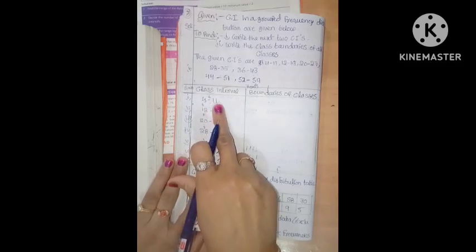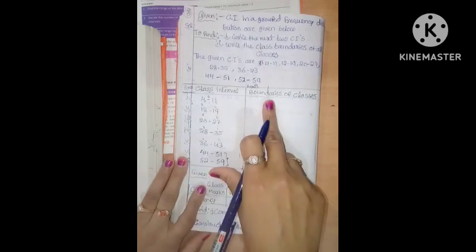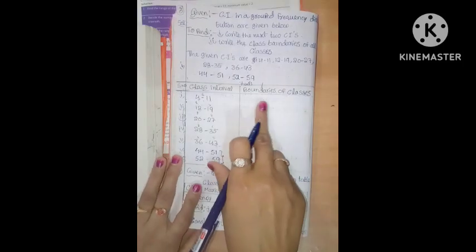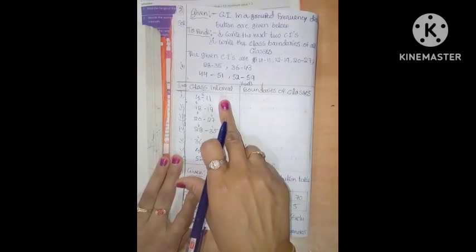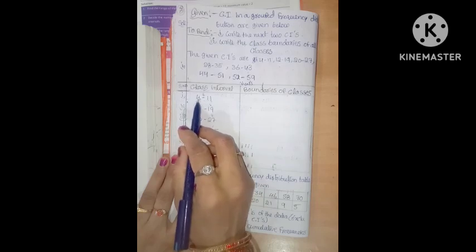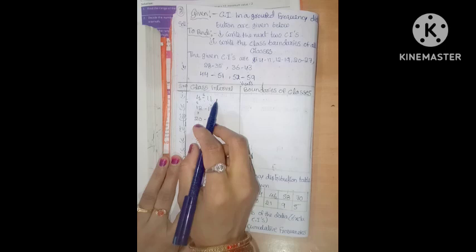You already know. How to write the boundaries of the classes, you already learned in the previous classes. First one is reduce 0.5 for the lower boundary. Next, upper boundary, increase 0.5.